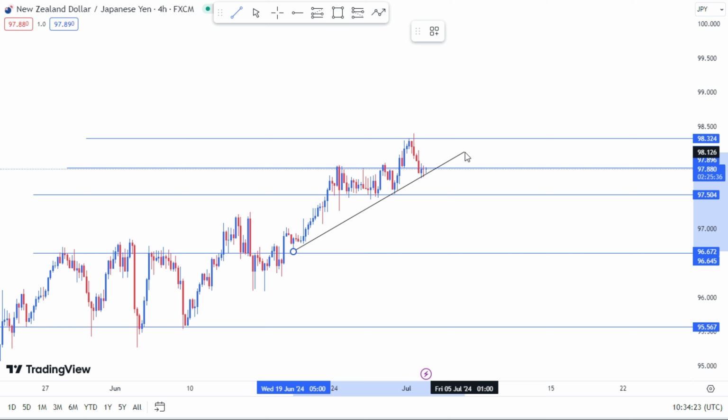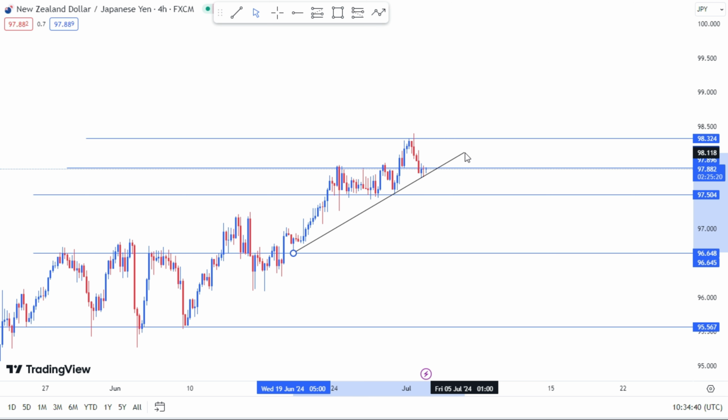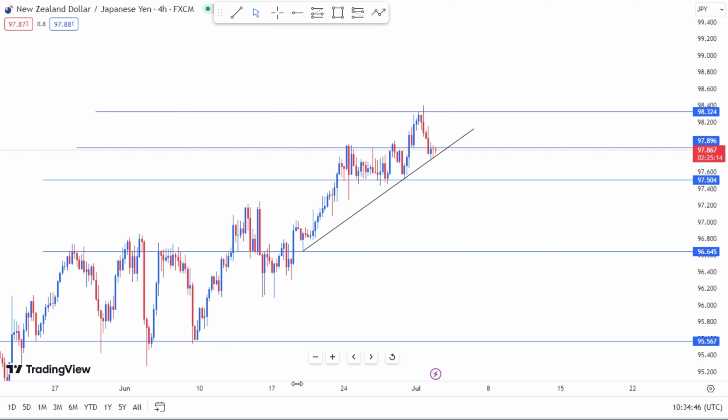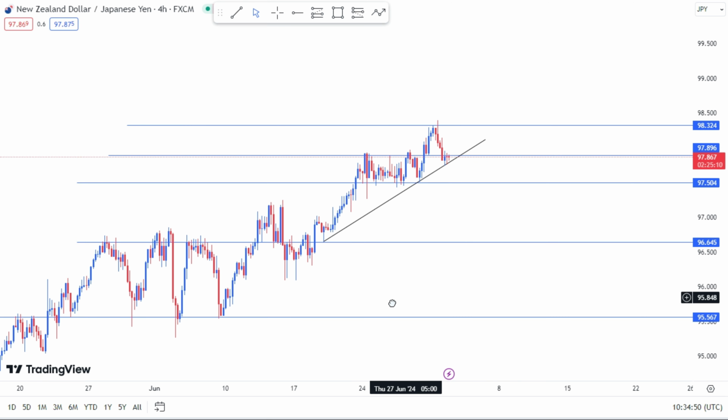You can just push it to most touches. So wait guys, let me make sure I'm not making any mistakes here. Okay, so this is what I'm seeing on the 4-hour time frame.